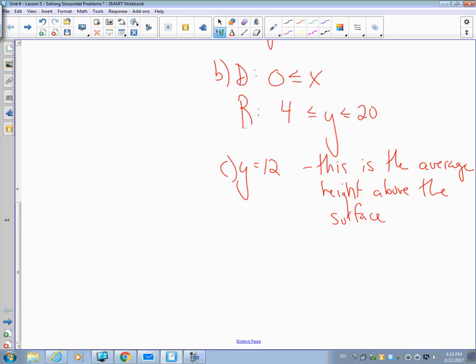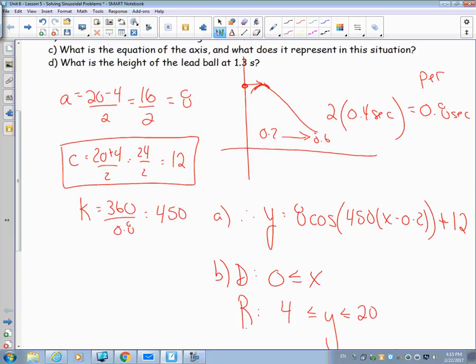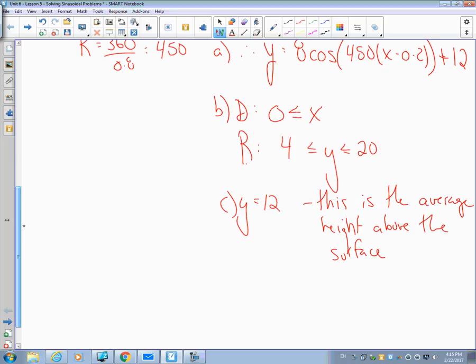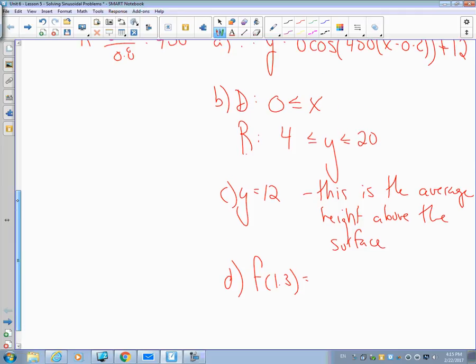And then part D. Part D says what is the height of the ball at 1.3 seconds? So now we can use functions. We're going to figure out what's happening at 1.3. So using our equation, we're going to replace the x's. 8 cos 450 (1.3 minus 0.2) plus 12.